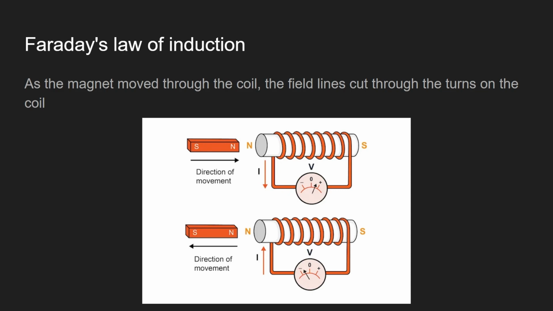So you have two results. The first result is you have induced current through the wire, and the second result is the induced current will generate an opposing B field against the movement of the magnet. So if the magnet is already in your coil, it will do the same thing, preventing the magnet from leaving the coil.